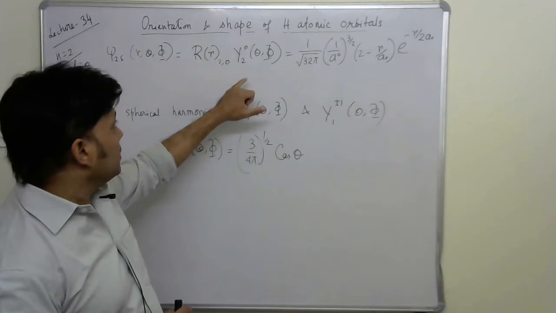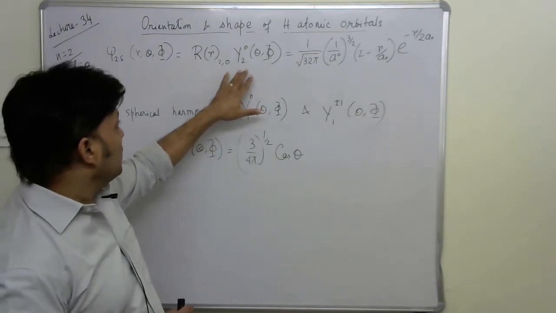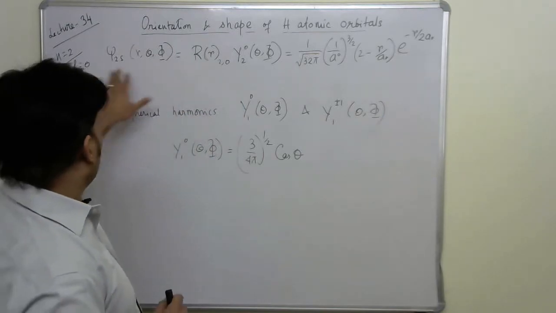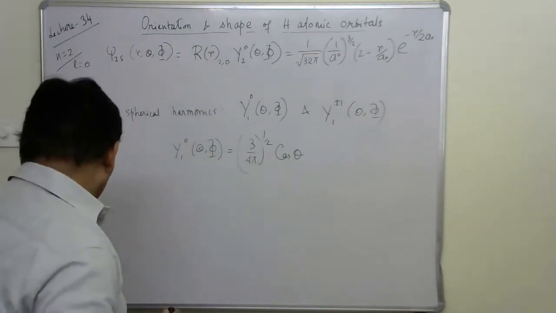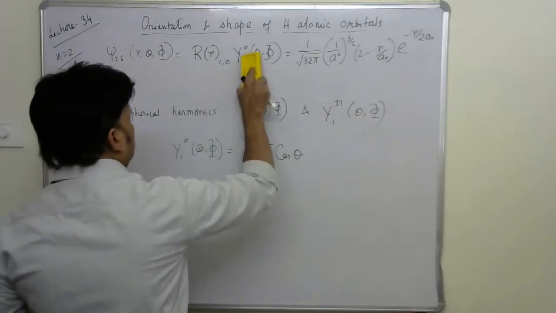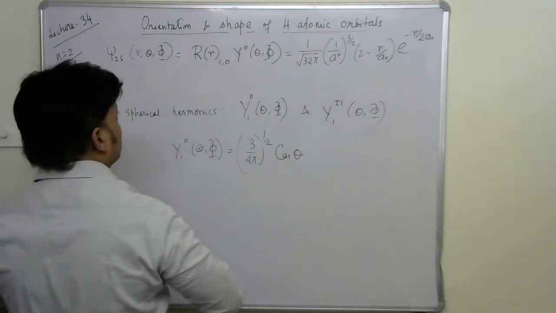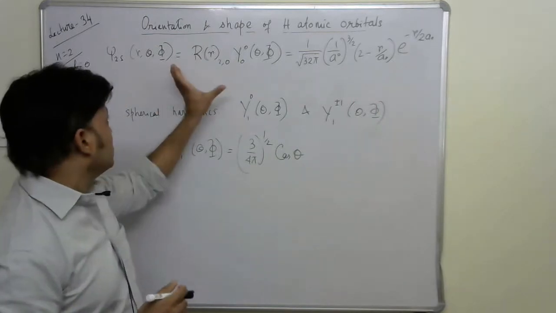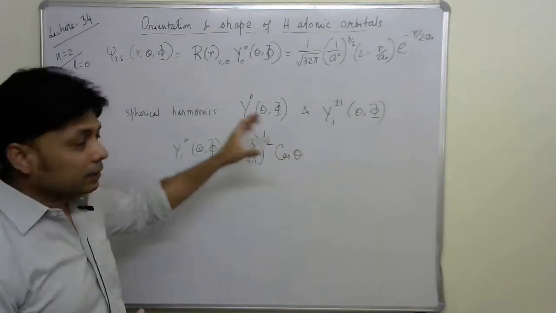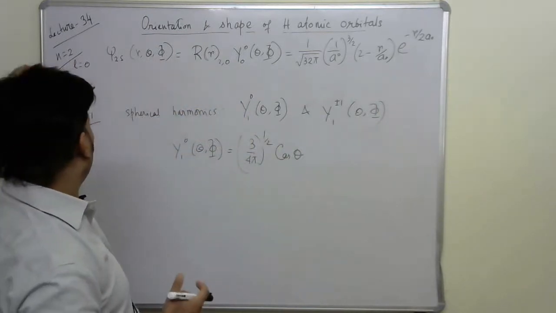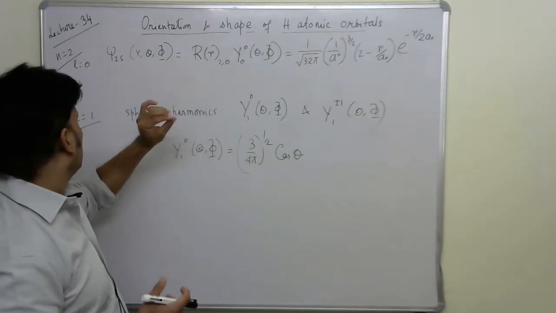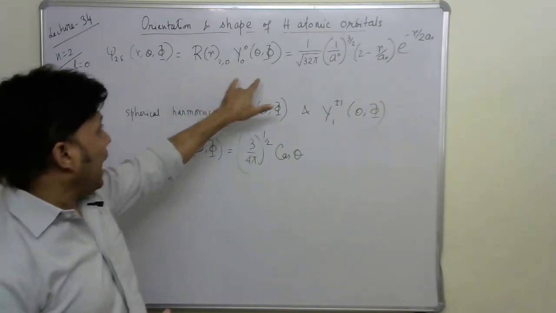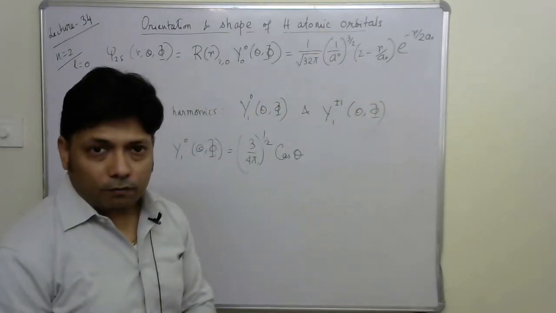Here it should be 0, so it should be Y 0 0. As you can see, not surprisingly, since this is the case for both l is equal to 0 and m is equal to 0, the angular part is independent of theta and phi.